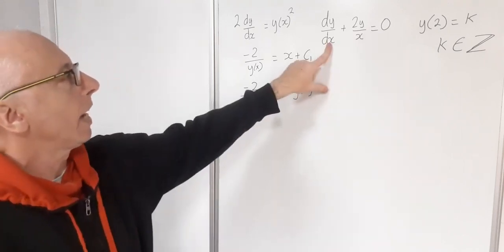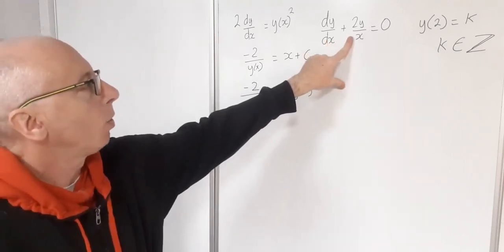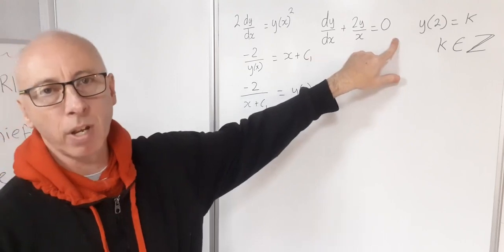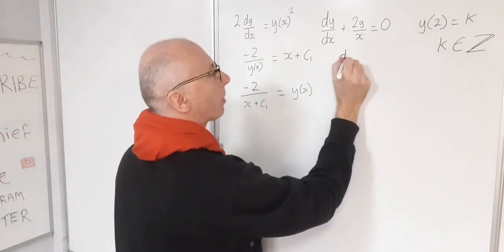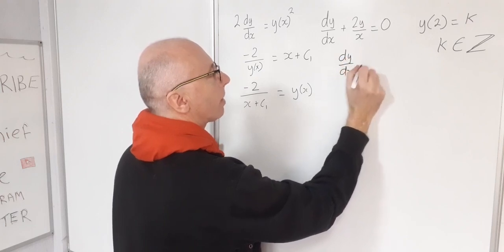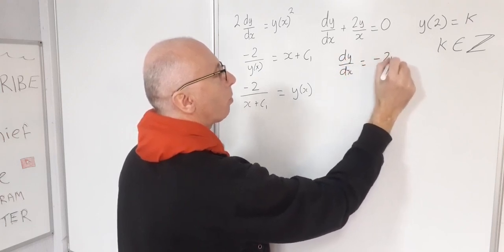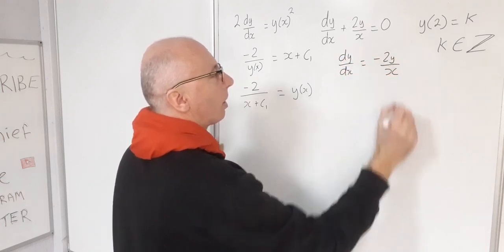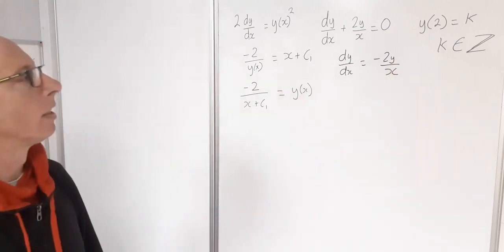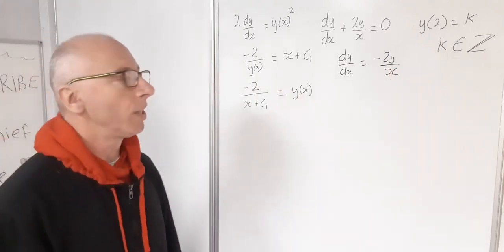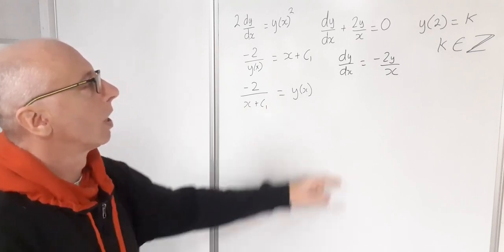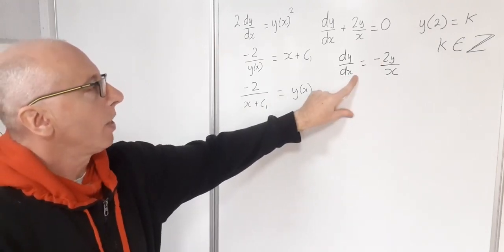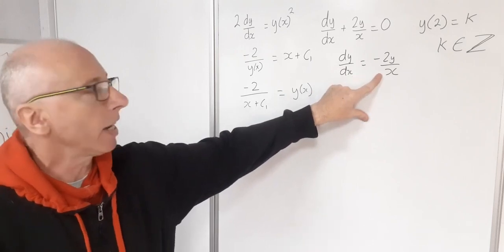So I've got dy/dx, that's fine. 2y over x, I want to get my x over here. So let's try and do that. So now I've got dy over dx equals minus 2y over x. So that's all fully legitimate transformation of that equation. I want my y on this side, but my x can stay here.